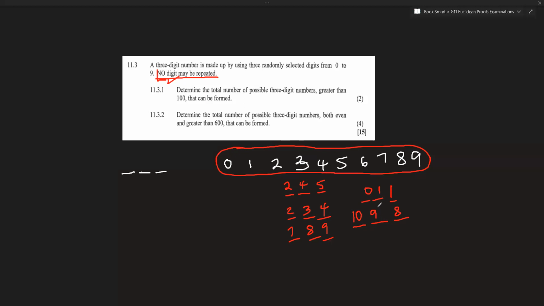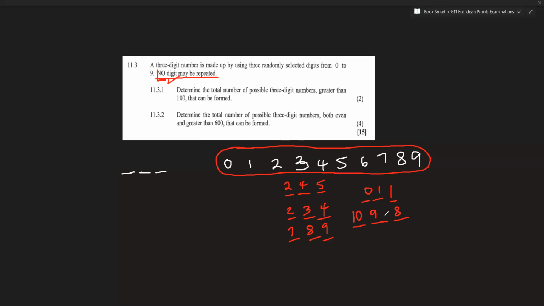So here I was trying to show you that for the first part, you have the total number of options as the total number of items you have. So in this case, I have 10 digits. For the first position, I have 10 possible options, right? But because repetitions are not allowed, my options are decreasing. They always decrease by 1. So here it will be 1 less, then 1 less.